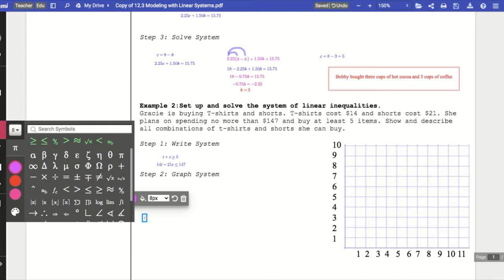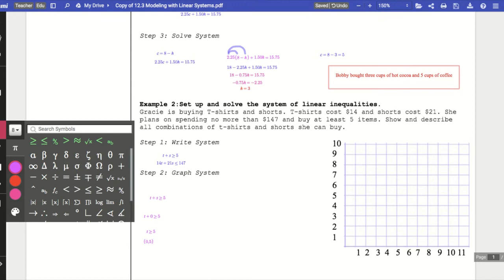I just did some mental math there, but remember, to write it out, it's t plus 0 is bigger than or equal to 5, so then I know that t is bigger than or equal to 5. Then how I graph that, let's say t is like our x value, I would graph it as the intercept 0, 5. That's really what that represents.